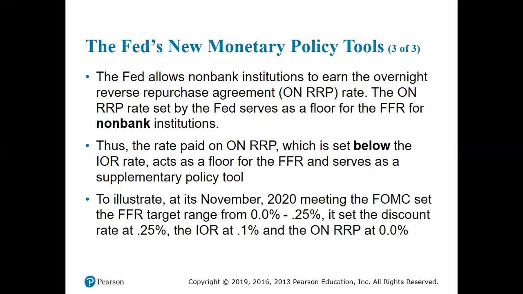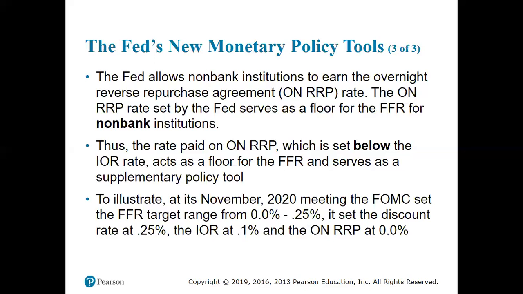They set the interest on reserves at 0.1, and the overnight reverse repurchase agreement rate, or the ONRRP rate, at 0, which matches right up with their range. That's the floor for Fed funds, set at 0.